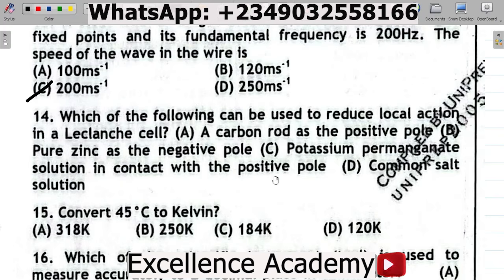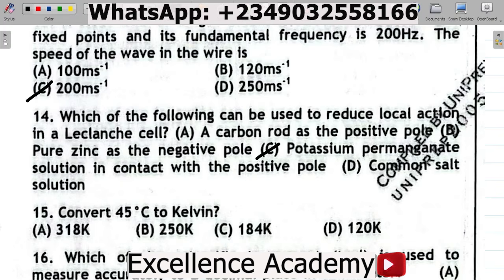By adding potassium permanganate to the positive electrode, meaning the carbon rod, it acts as a depolarizer, helping to prevent the buildup of hydrogen gas on the electrode. Thus, it reduces the local action. So the correct answer is C.